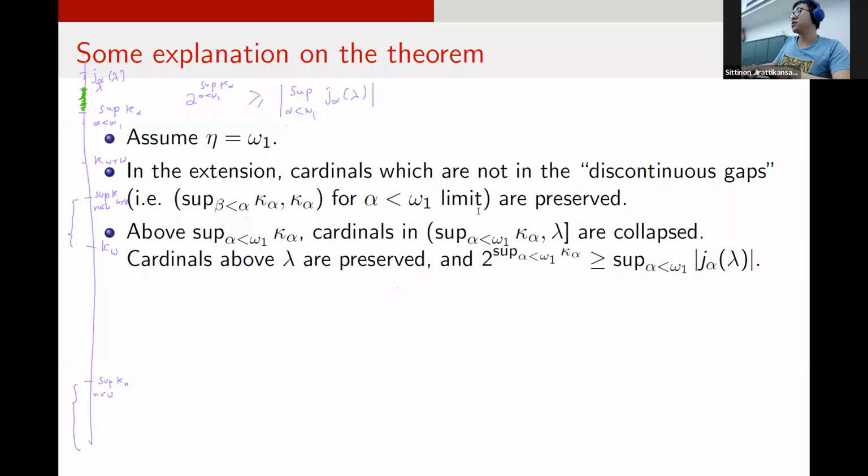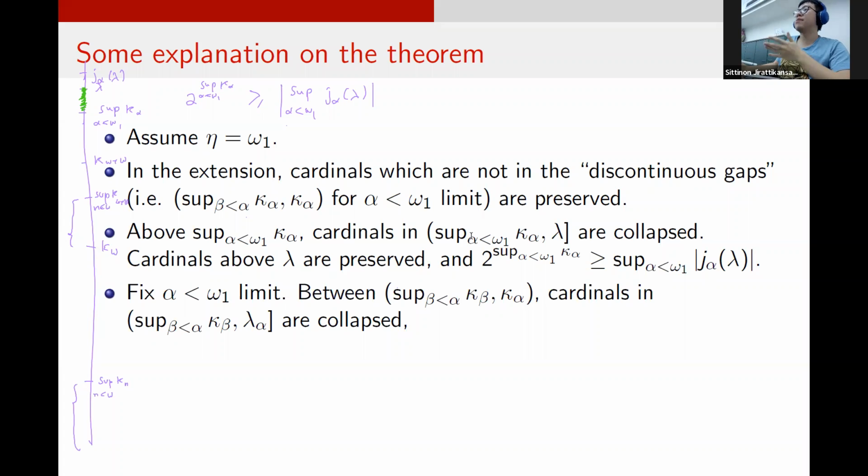But not only that, you're gonna get some reflection going on. So what do I mean? I mean that, for example, in between sup of kappa n and kappa omega, you're gonna have some reflection going on, which means that you have lambda, so there's gonna be some reflection of lambda, which I will call lambda omega, and there are more.